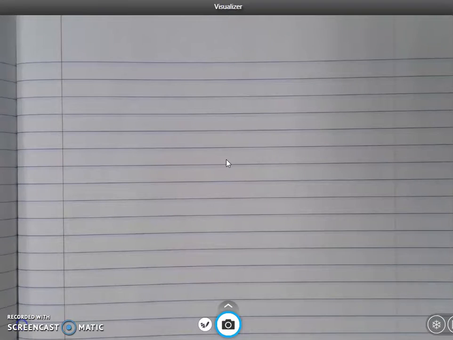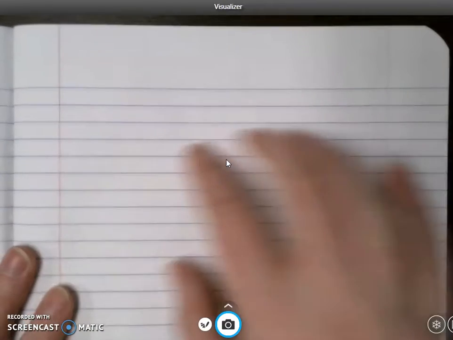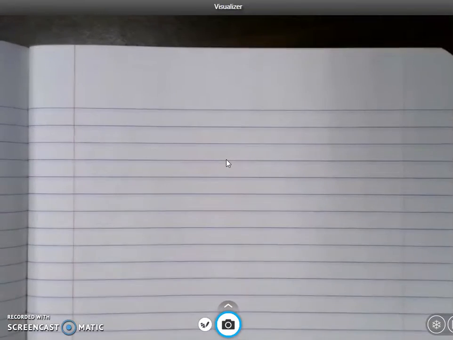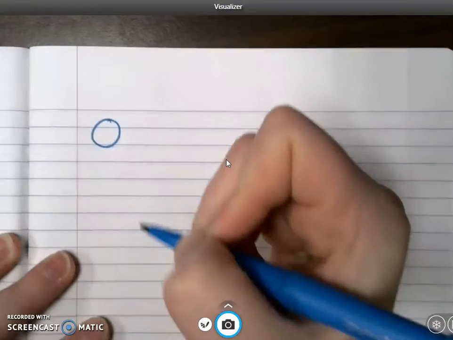So we're going to draw the individual nucleotides up here. Then, down at the bottom, we're going to talk about how the DNA actually replicates. We're going to start with our phosphate molecule, which is a circle.